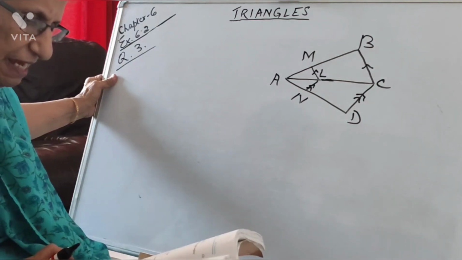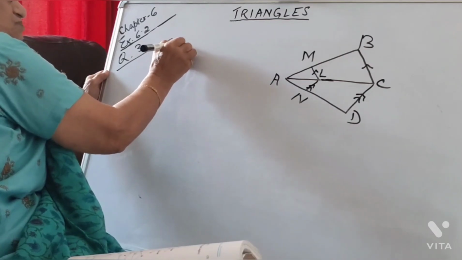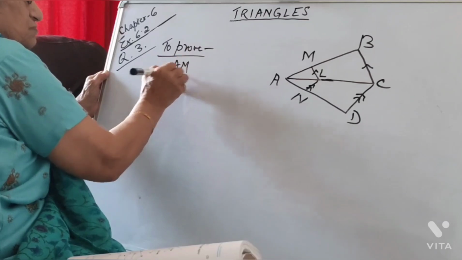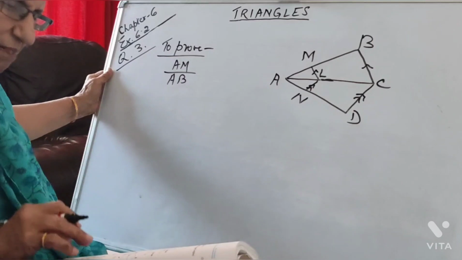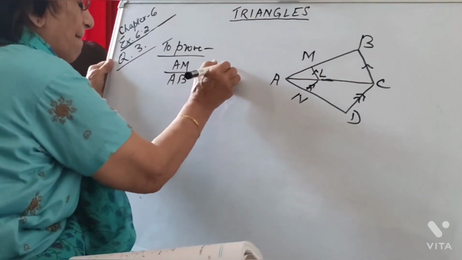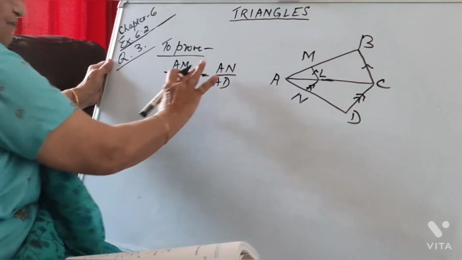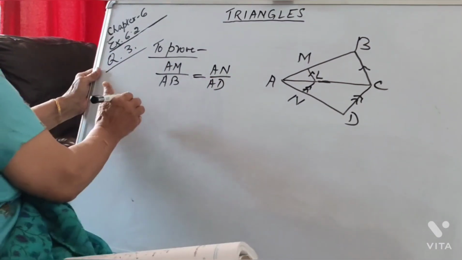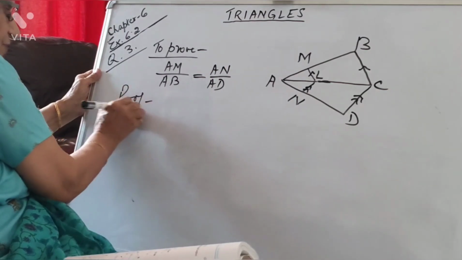So prove that AM over AB is equal to AN over AD.